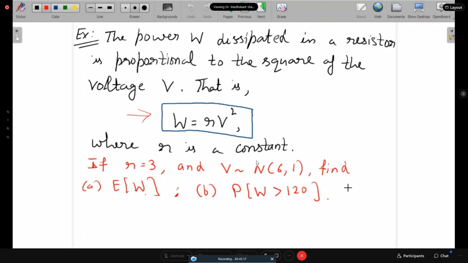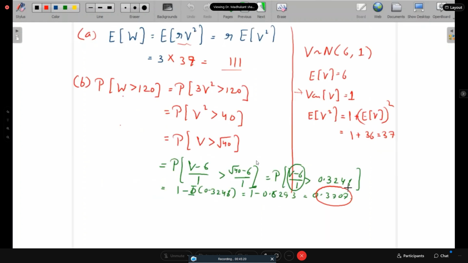Okay. Yeah. So we can take negative values.